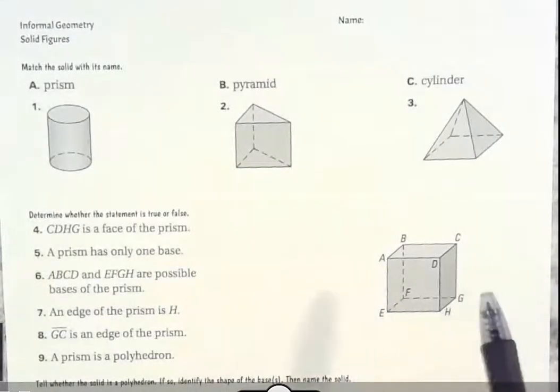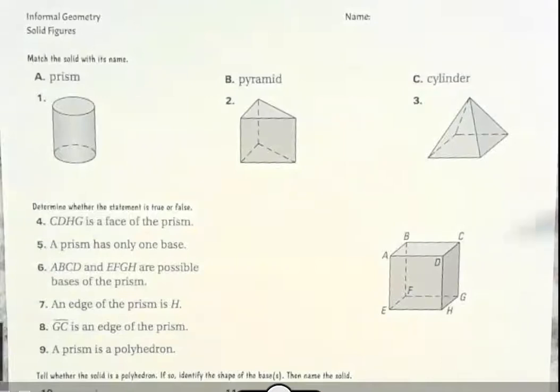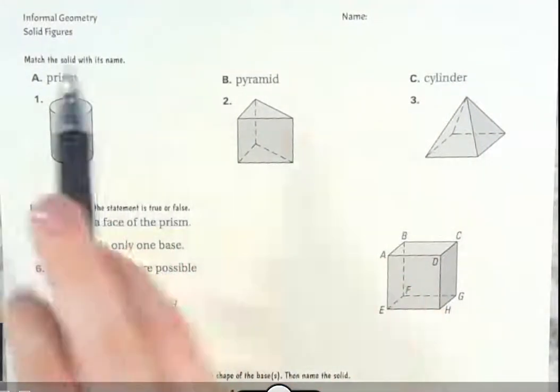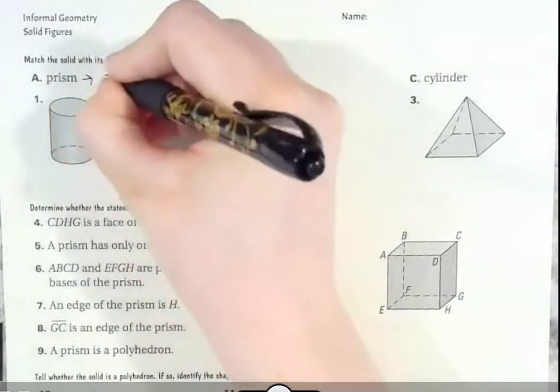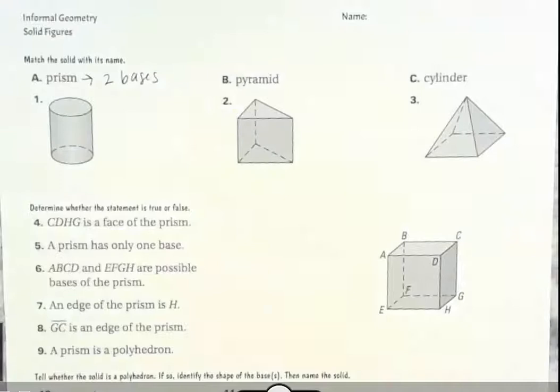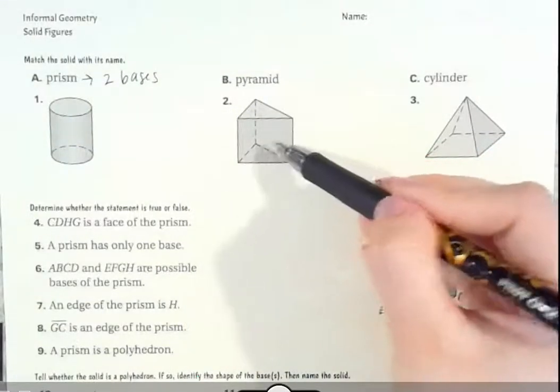So let's see here. So it says match the solid with its name. So let's just do these 3 because it's just matching and it's quick. So out of these 3, which one is a prism? So remember, a prism has 2 bases. That would be this one, right? Because I have a triangle on the top and a triangle on the bottom.